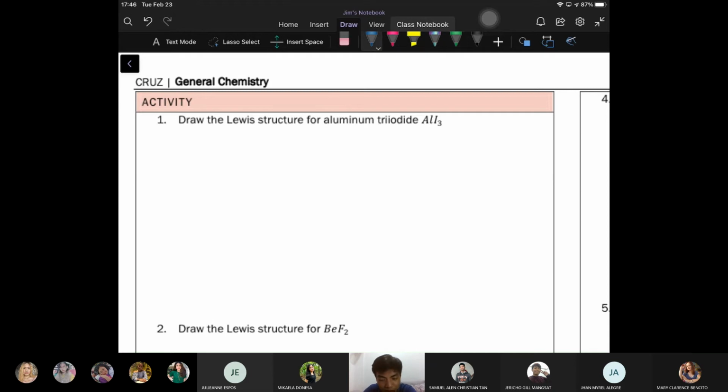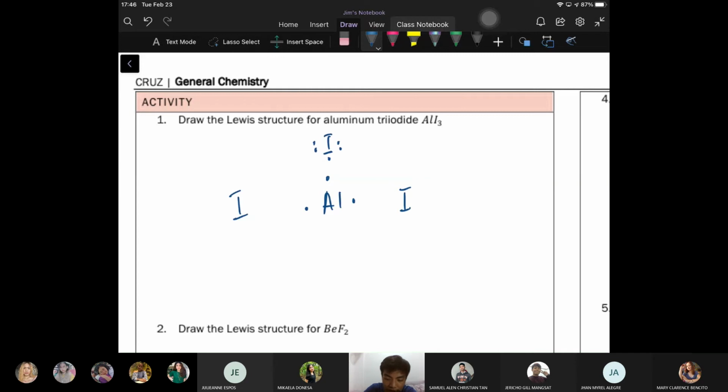So in order for us to draw aluminum triiodide, so since this is a violation of the octet rule, ang gagawin ko, ano to, incomplete octet yan. So kapag ganun yung case ko, I will just draw their Lewis symbol and I will connect the dots. So yan.